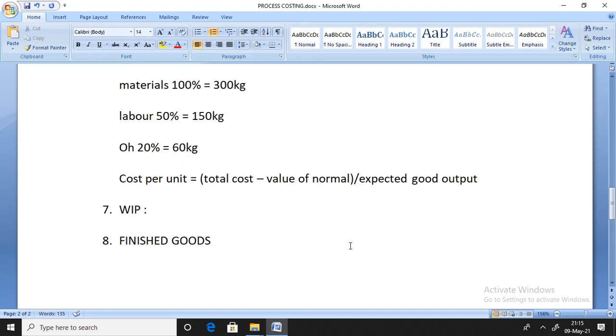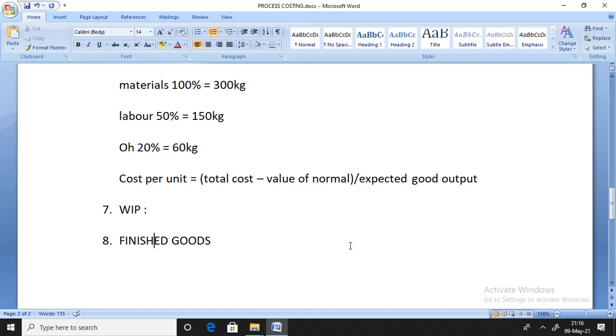Then finished goods, these are stored for sale because the units are completed. But with the work in progress, you may transfer work in progress to the next stage in the process, because the process of manufacturing goods may be in stages.